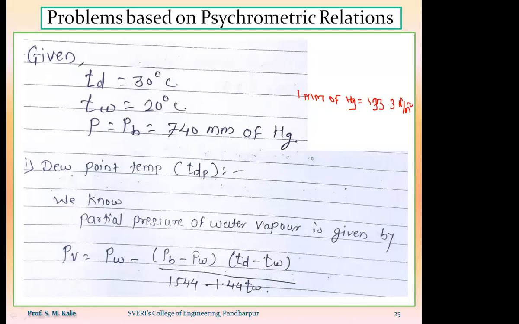Okay. And as in the steam table, we are having the values of pressure in terms of bar. That's why I need to convert that Newton per meter square into bar also.